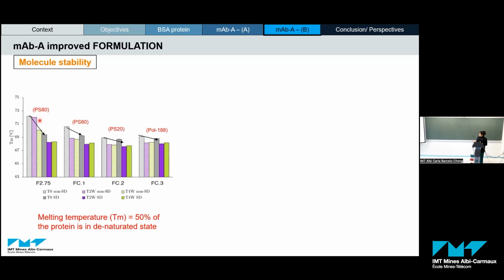If the difference between the first temperature and the temperature after spray drying is big enough, we can assume we can have slight molecular changes. In this case, the change in temperature was not drastic, but we could at least observe a small difference. For example, the first formulation has a bigger difference than the other formulations in the reduction of the melting temperature after the spray drying.